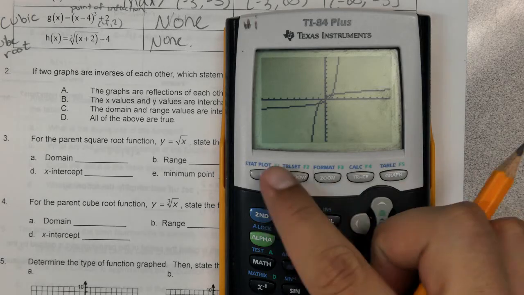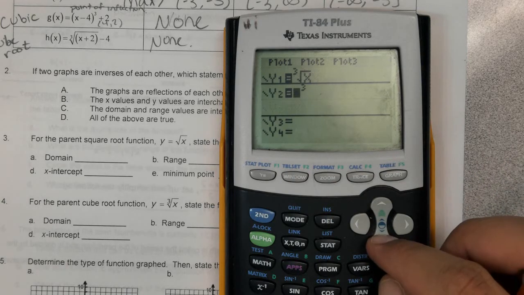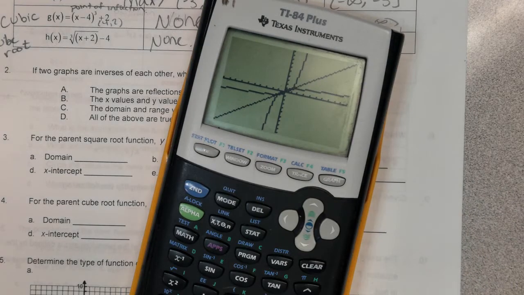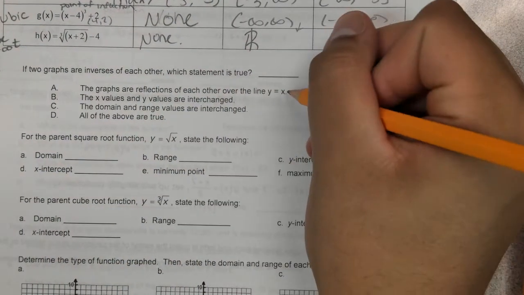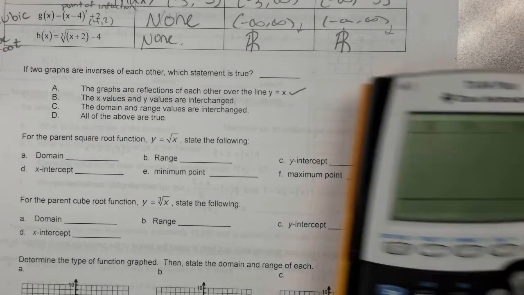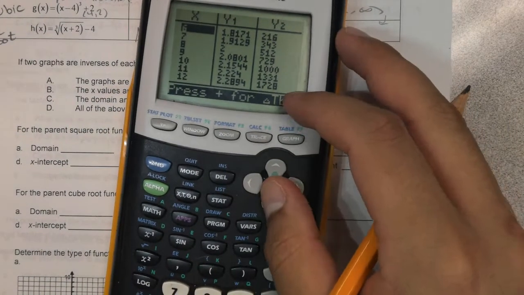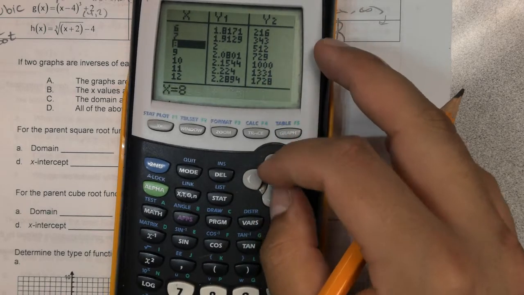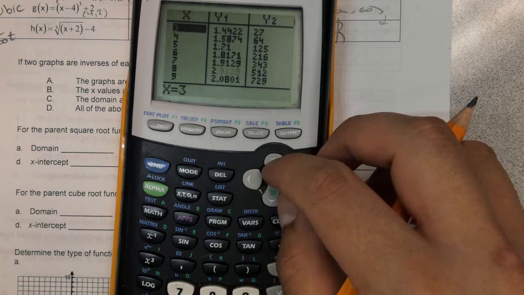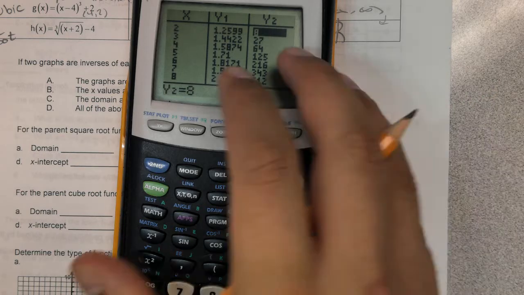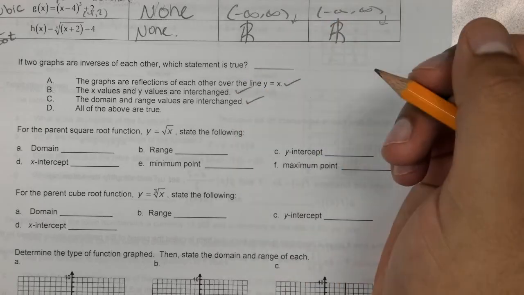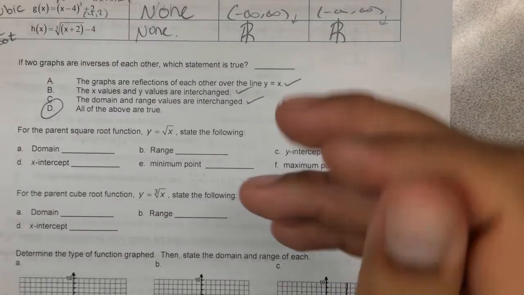These two functions are inverses. They reflect over the line y = x. Here you can see it. So that's true. The values of x and y are interchangeable. That's true. For example, here you have (8, 2), so for the other function, you should have a point at (2, 8). Again, these are interchangeable. Same thing with the domain and range, interchangeable. So this is all of the above.